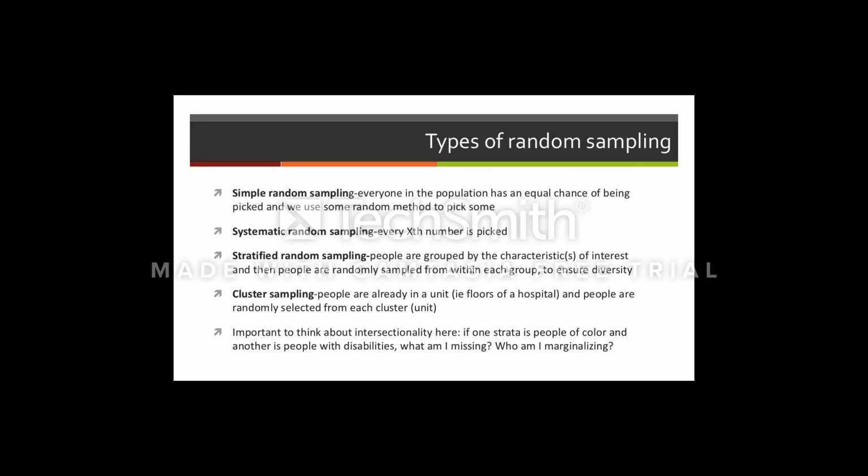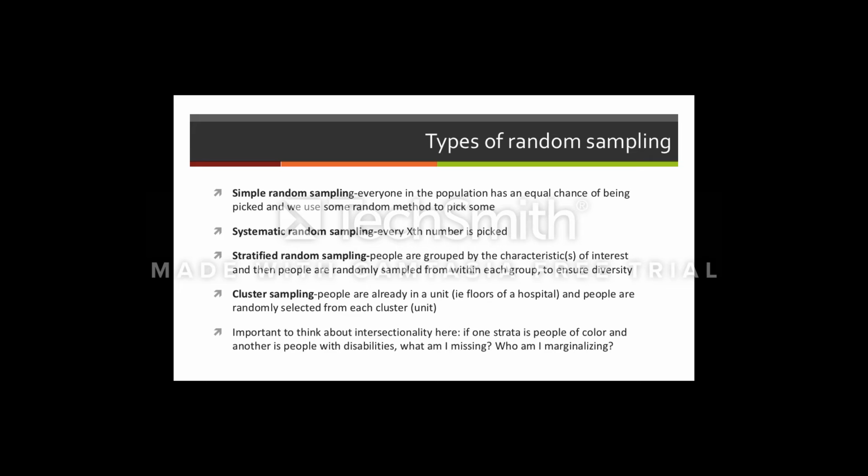And with stratified random sampling and cluster sampling, it's important to think about intersectionality here. So if I'm grouping people by race, and selecting randomly from within the racial groups I've made, there's a power issue in that I'm making those groups, and is it really up to me to determine? And then there's also an issue in that people have many different identities within the same person.